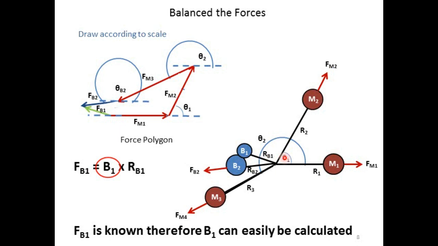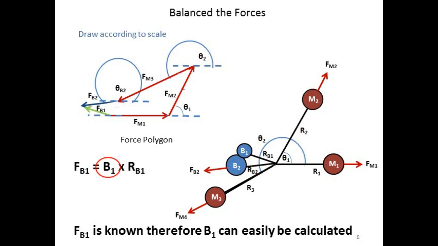So in case of the force polygon, we will draw in a scale. By this scale, for example, this arrow represents the magnitude of Fm1, then this arrow represents the magnitude of Fm2 at certain angle theta 1, then the arrow here represents the magnitude of force Fm3 at the angle theta 2.